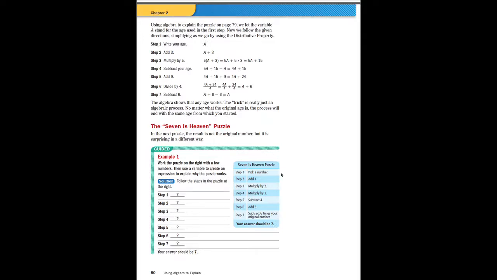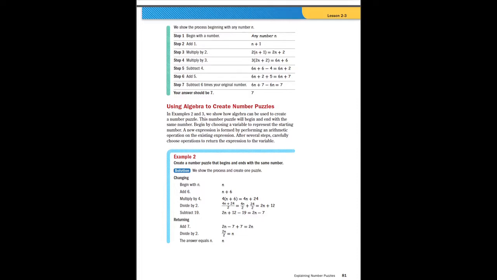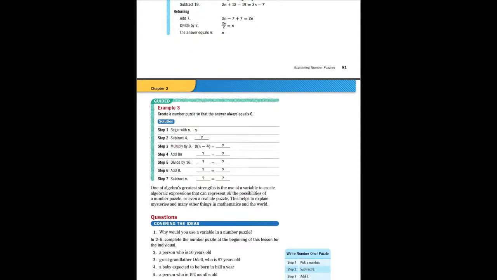So 1, 2, 3, 4, 5, 6, 7. When you're done with it, the question I would have is, do you think you could do an 8 is great puzzle? Is there something you could do where you have that same sequencing and you end up with the number 8? You can use algebra to create a puzzle. We'll go through an example like this. Check out the example 2 about how you could make your own puzzle and be able to do it yourself.